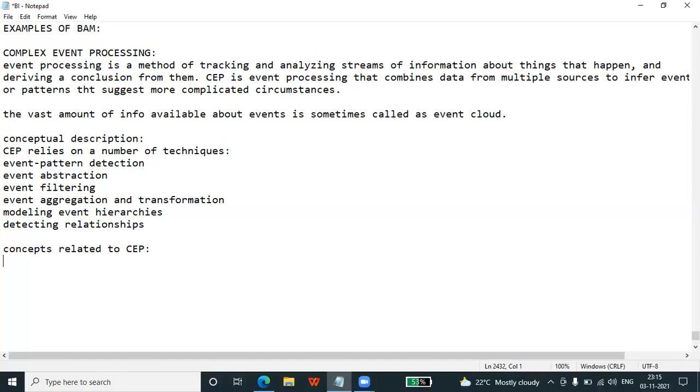Operational intelligence solutions collect real-time data and correlate it against historical data to provide insight into and analysis of the current situation.